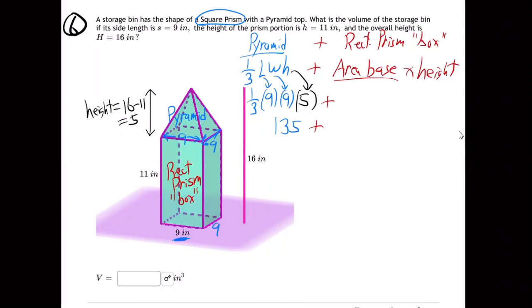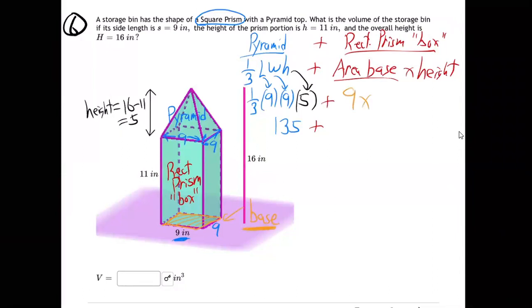Now, what's the volume of the prism, the box, the rectangular prism? Well, it's the area of the base. What's the base? It's this 9 by 9 rectangle down here, the bottom of the box.